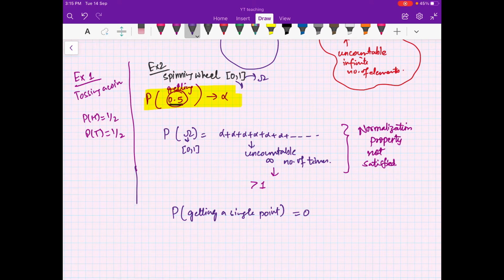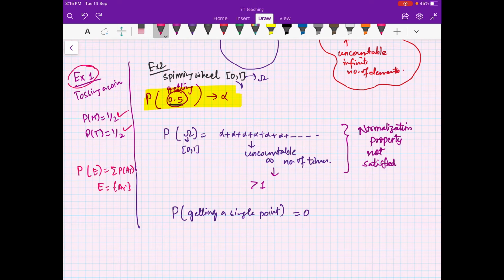Do you remember that in example 1, what we had done: we assigned probability to the single outcomes, and then we defined the probability of any event E as the sum of the probabilities of single outcomes contained in E. So in the case of a discrete sample space, we assign probability to the single outcomes, and then we compute the probability of an event by just adding the probabilities of the single outcomes in the event.